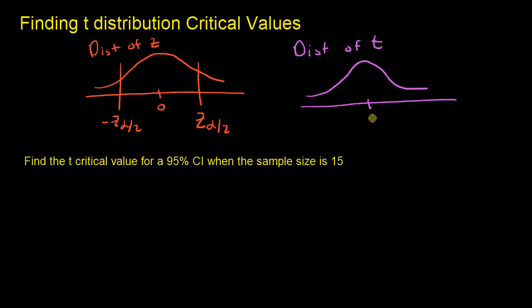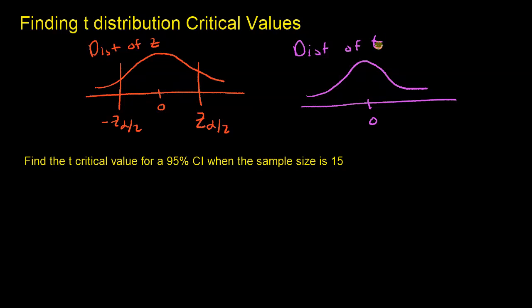Some differences are it has slightly thicker tails, whereas the tails of z crash a little faster. But as the sample size increases, the distribution of t and the distribution of z are the same.